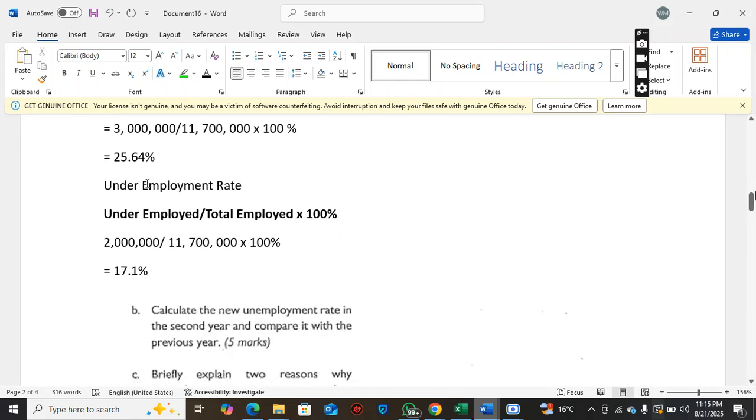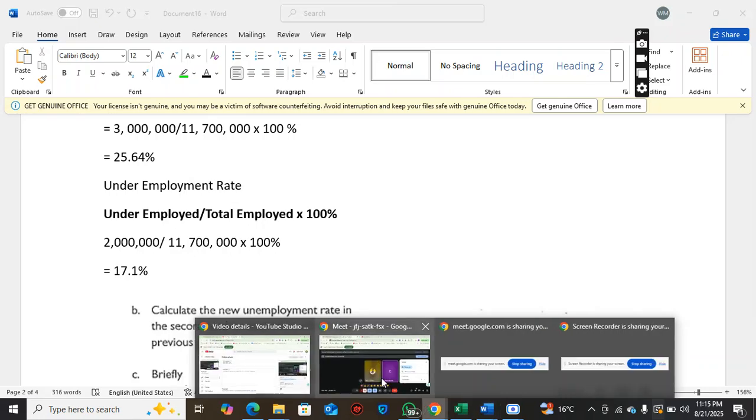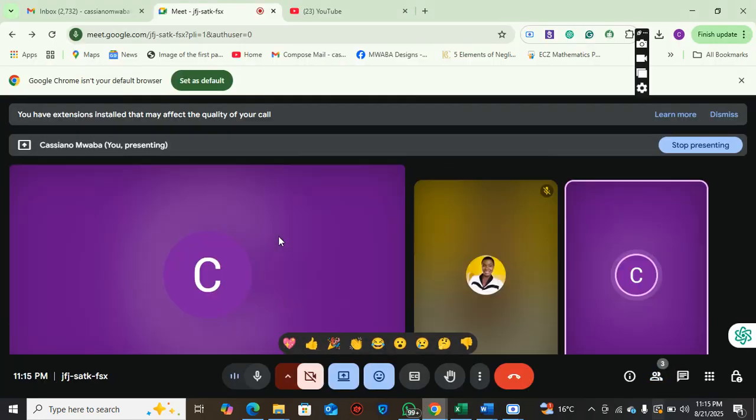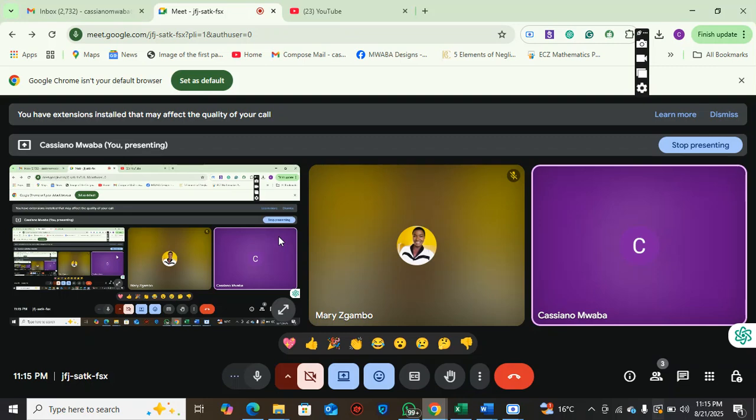Then the underemployment rate. To be underemployed just means that, for example, you get a degree in any course, and then you start working as a garden boy. Your job is not suitable for your qualifications. That's what we mean by underemployment. Your current job is too low for your qualifications. You get a degree or a master's, and you're working as a cashier.